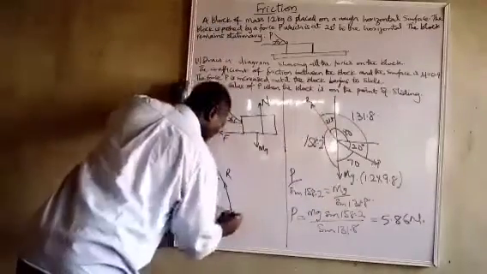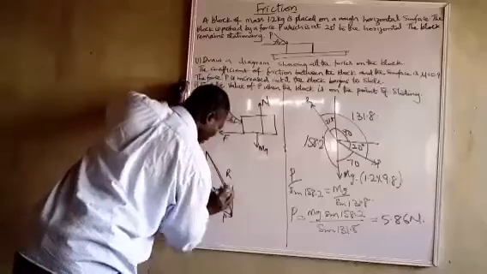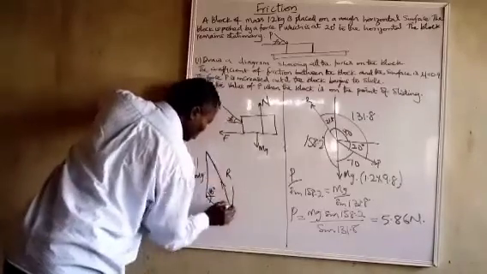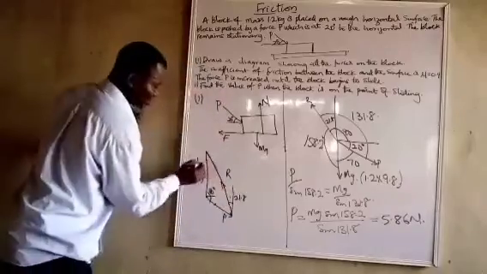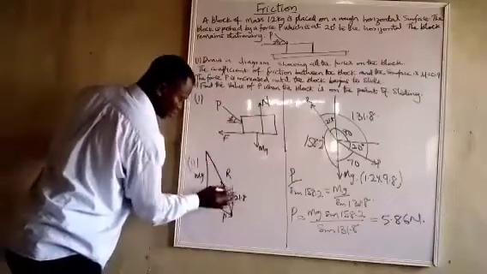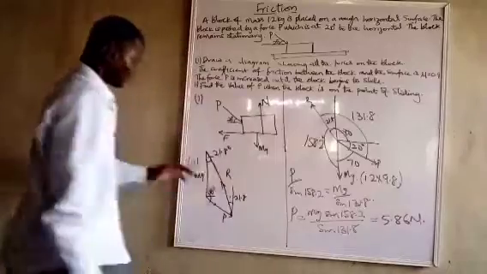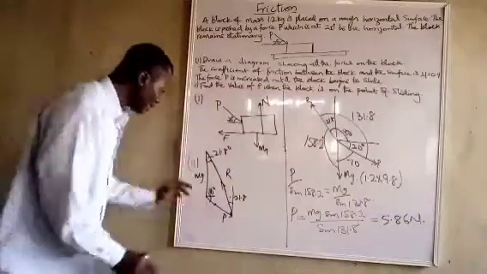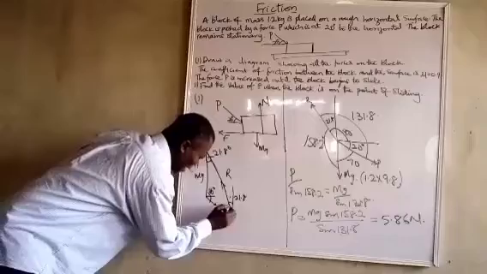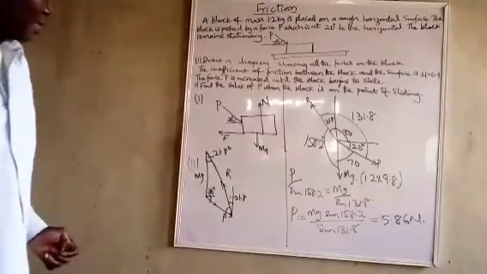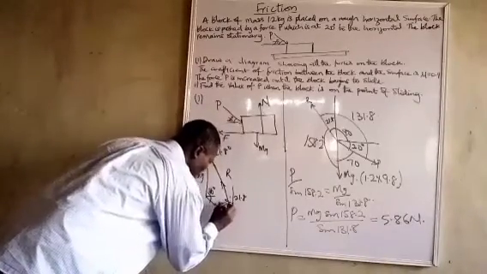Look at this one, it's 21.8 to the vertical. So this place is 21.8, and this place too is vertical, downward. So 21.8 and this one is 21.8. Alternate angles. So from here, I can now get this place. This one plus this one is 131.8, and every angle in a triangle is 180. So this angle here is 48.2 degrees.